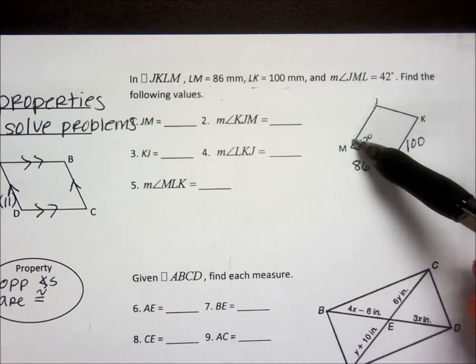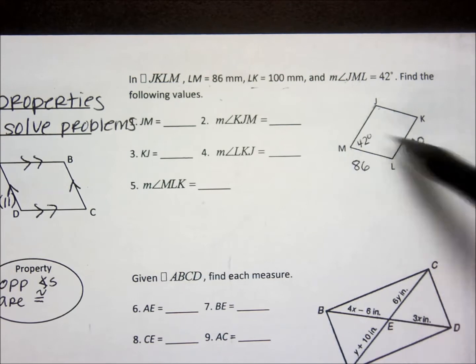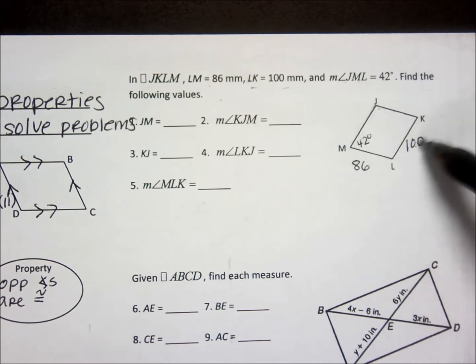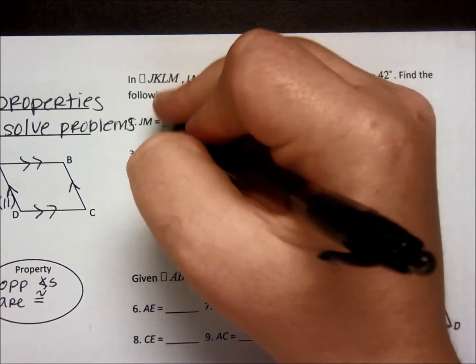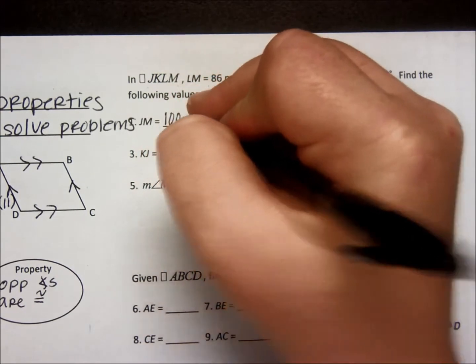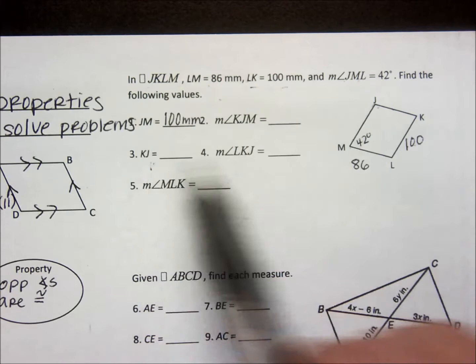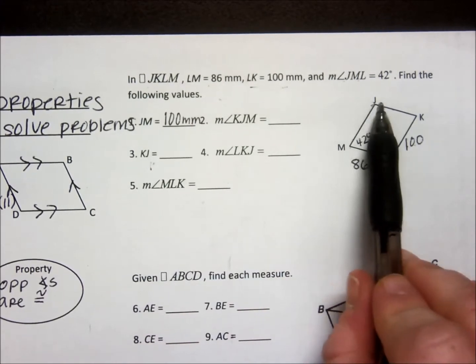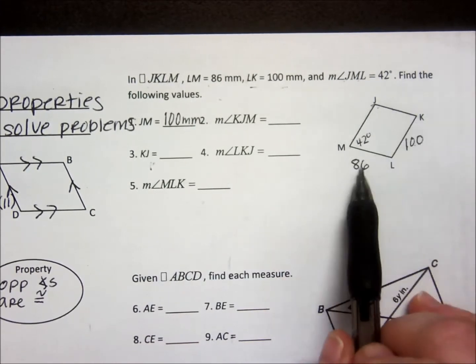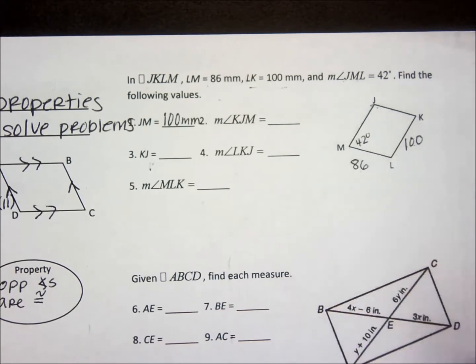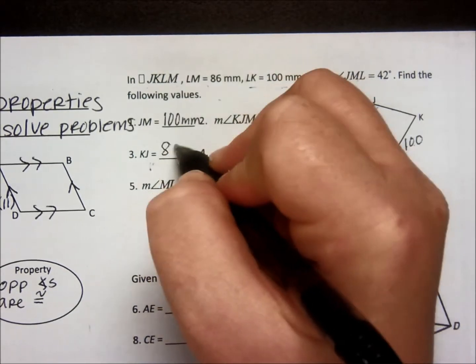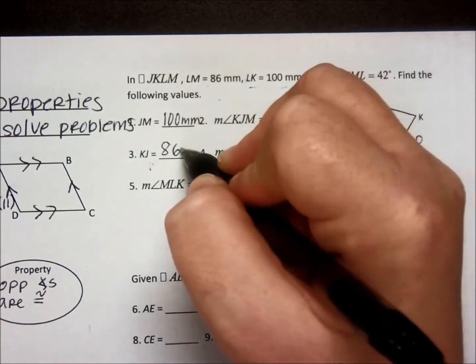I know this is a parallelogram, so I know that opposite sides are congruent. So JM would be the same length as LK, which is 100 millimeters. Then I'm going to skip down to number 3 because I just want to do my sides first. I'm looking for JK or KJ, and it's opposite of ML. So I know that JK is going to be 86 millimeters.